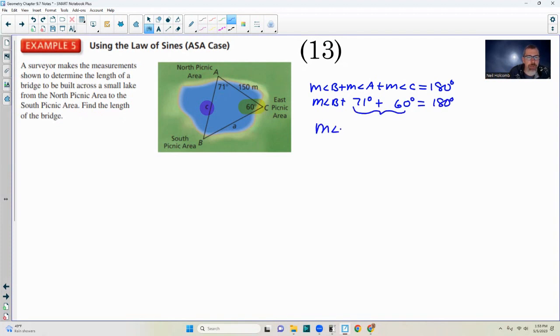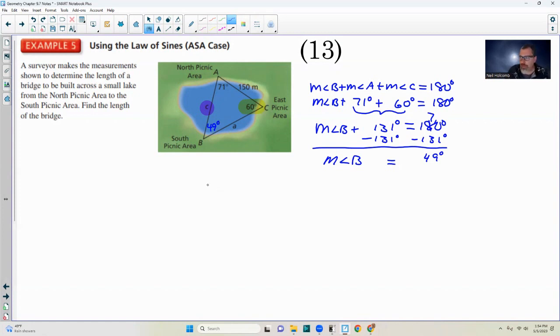The measure of angle B plus 131 degrees equals 180. Subtract 131 degrees, and we get the measure of angle B. So the measure of angle B equals 49 degrees.